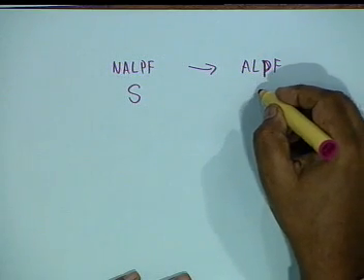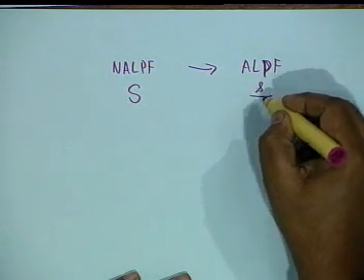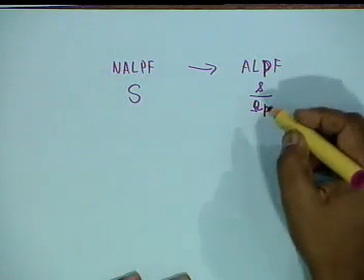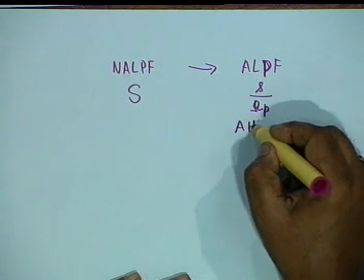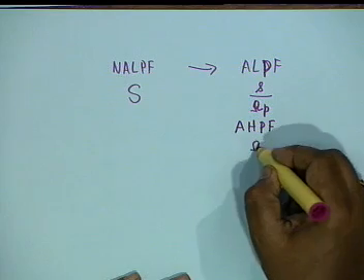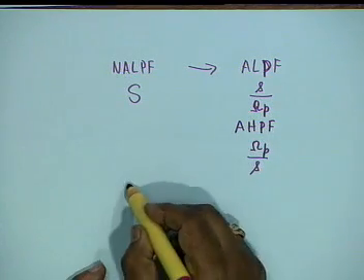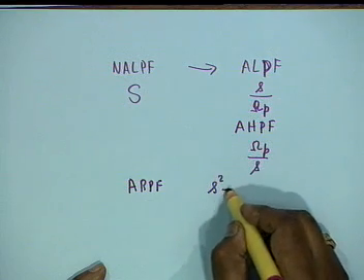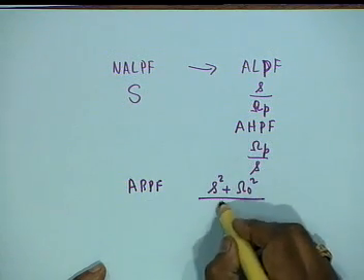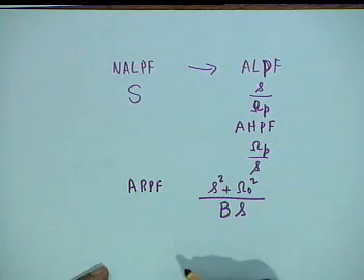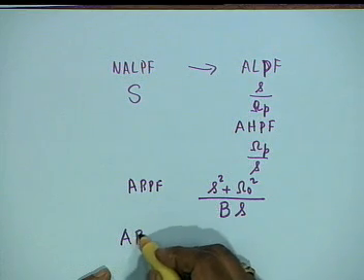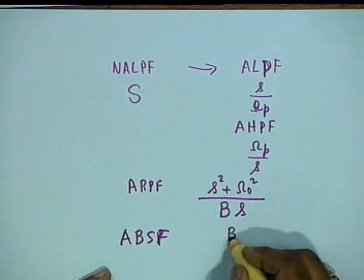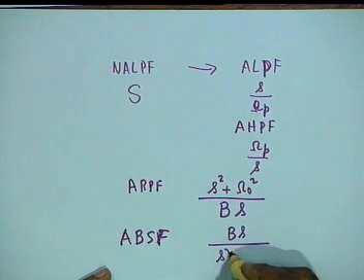If it is analog low pass, then we simply put S by omega P. If it is analog high pass filter, then you use omega P divided by S. If it is analog band pass filter, then you use S squared plus omega naught squared divided by capital B S. And if it is analog band stop filter, then we use the reciprocal of this, that is B S divided by S squared plus omega naught squared.